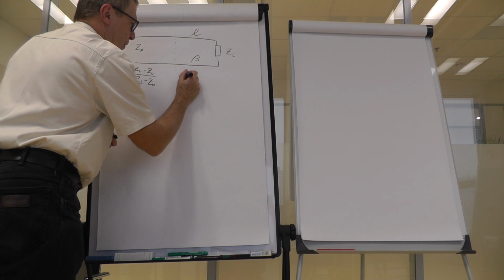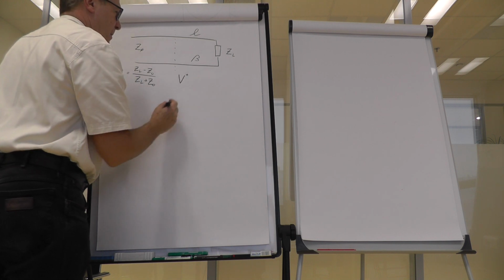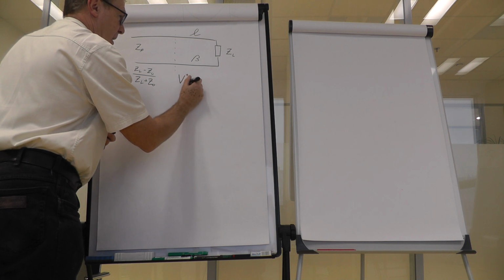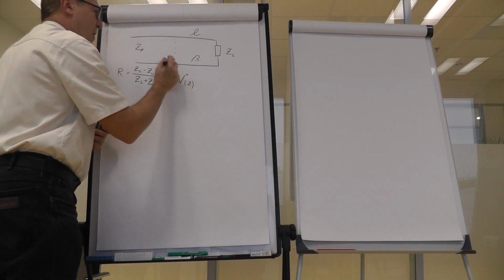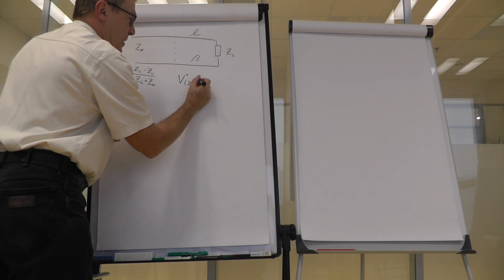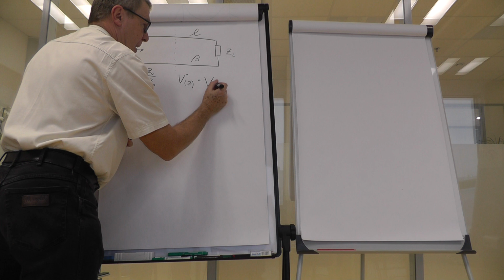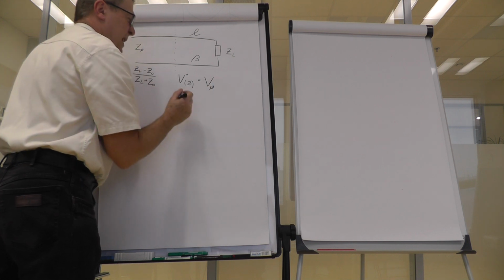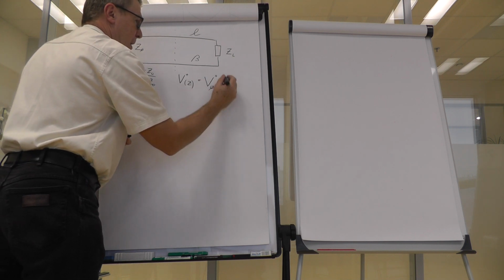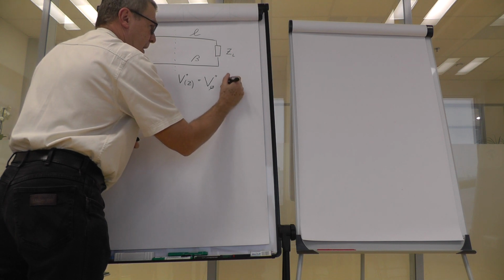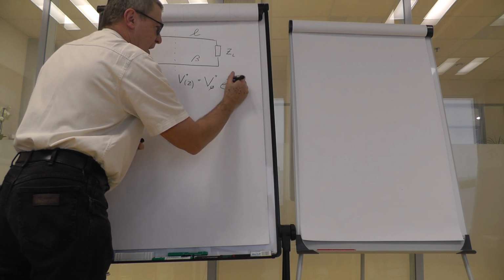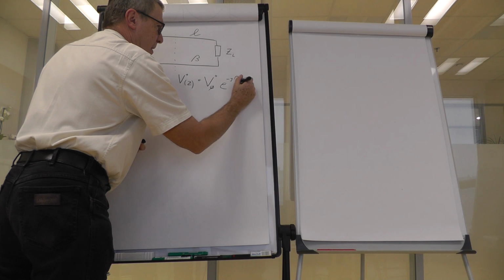So we would have V plus as a function of distance z, and that is V at z0 times e raised to minus j beta z.